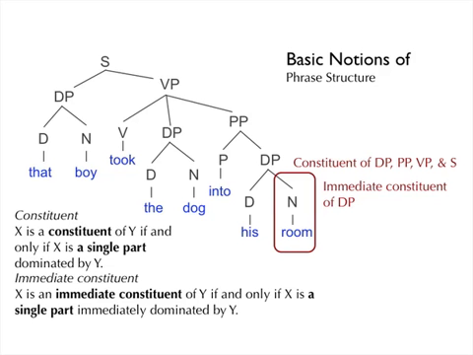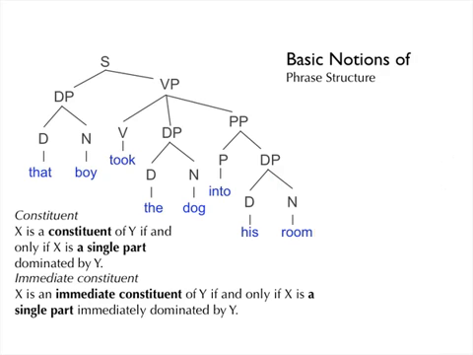So single words can be constituents because they're single parts of something. But usually when we're using the notion of constituent, we're interested in what the phrasal constituents are, because those are the things that have to be identified and that are in many cases not entirely obvious.